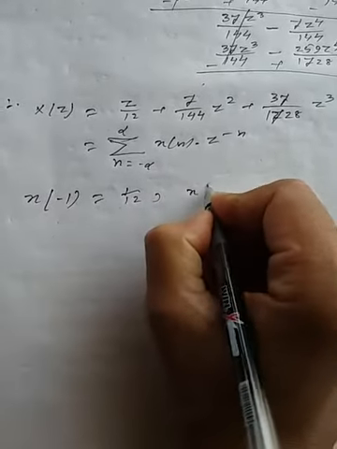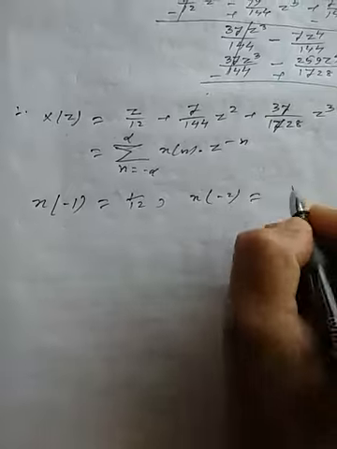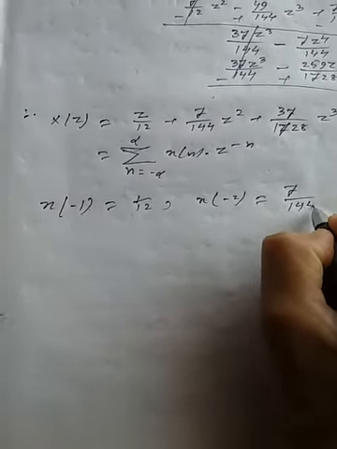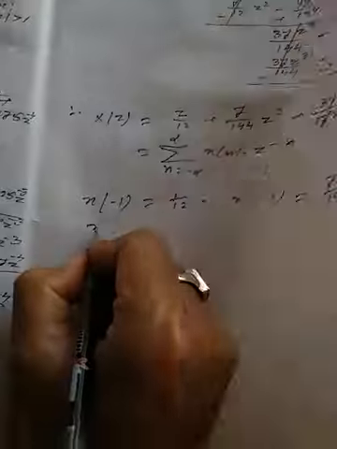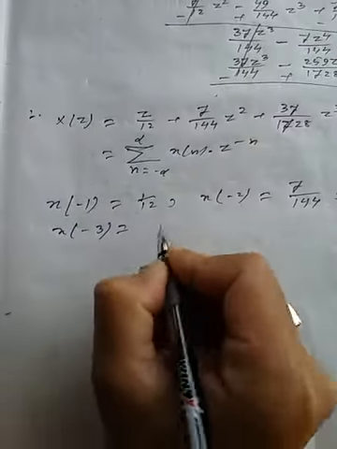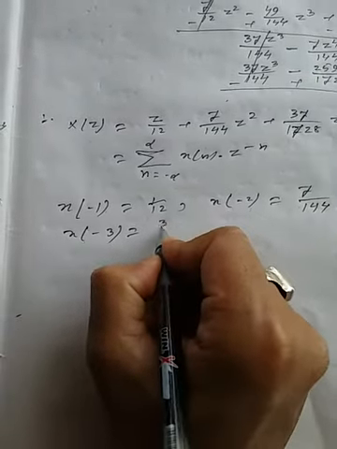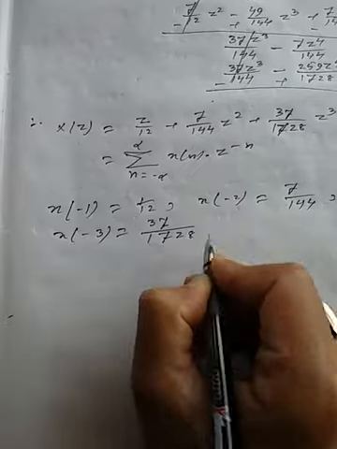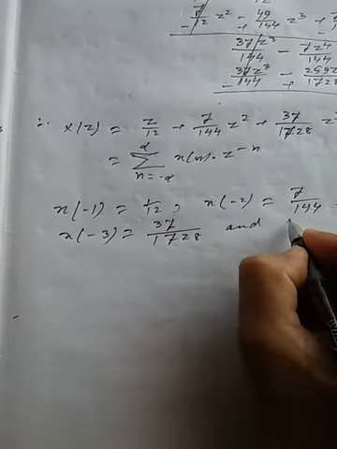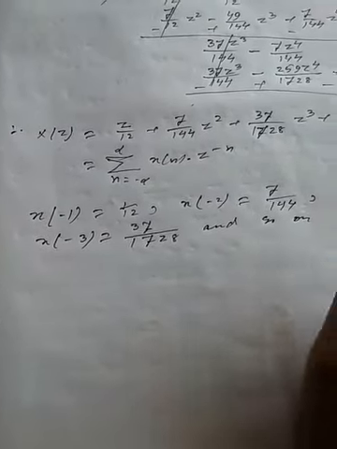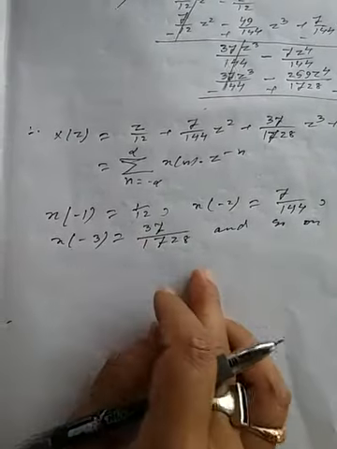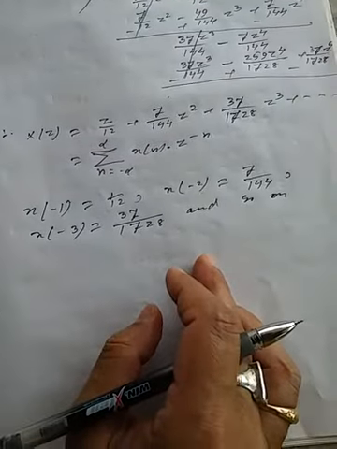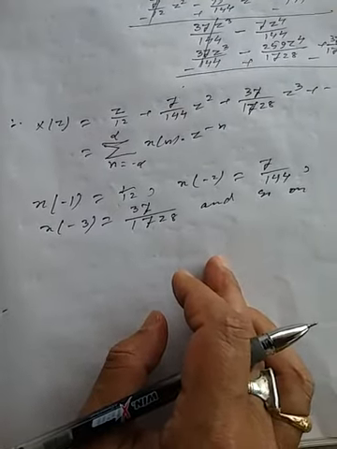Again x of minus 2 will be equal to, the coefficient is 7 by 144, right? And x of minus 3 will be equal to 37 by 1728, and so on, right? So this is the inverse Z transform of this quantity, that is given by X(z) equal to this portion.